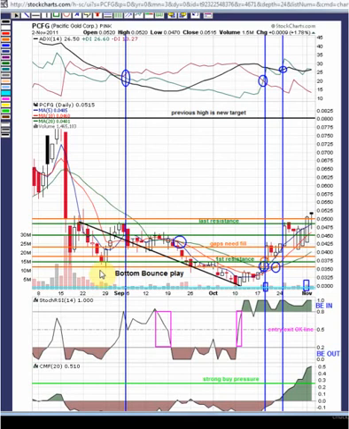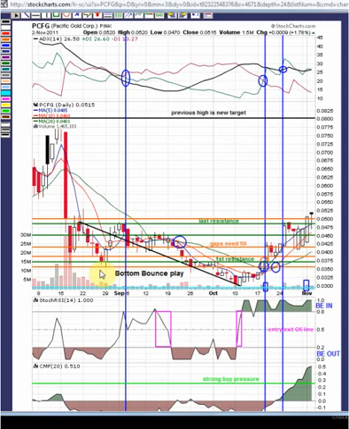But within the bottom bounce play, there are several things that are used to determine the momentum of the move on a comeback. First, resistance levels will slow or stall the continued move, and gaps, on the other hand, will be little tugs or little pulls, pulling the price up, pulling the continuation to keep it moving.